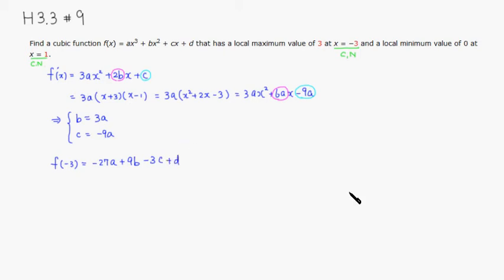But remember that we can write b in terms of a and c in terms of a.